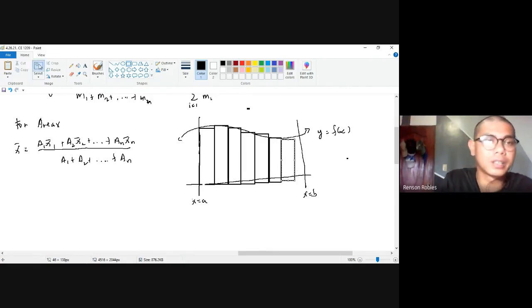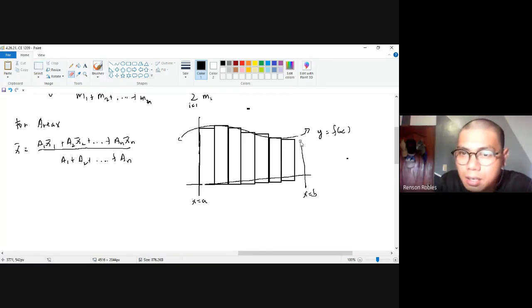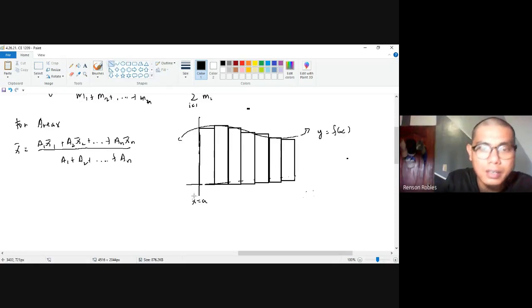Okay, and then let me just make some adjustment here. I'll just delete this. Okay, in this one. Okay, and then I'll make another line. This is x equals b.